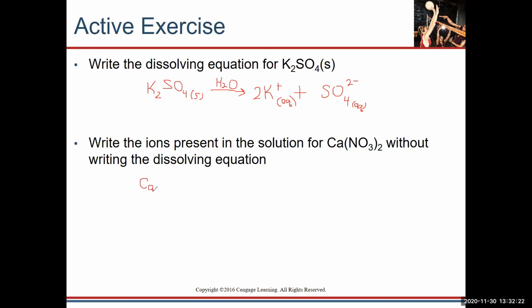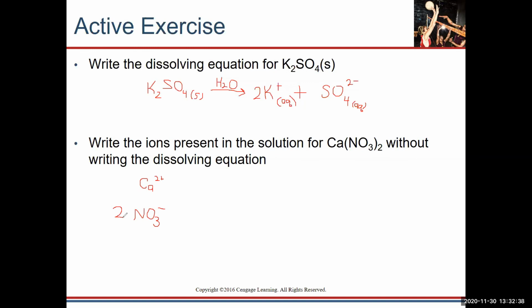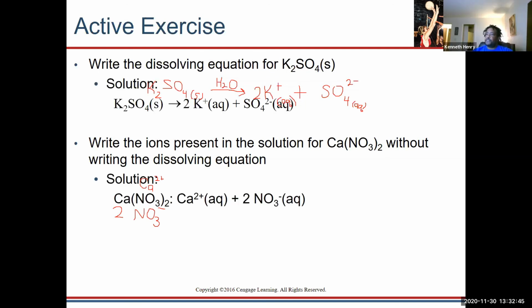Ca has a 2+ charge, and NO3 has a -1 charge, so that's why you need 2 to balance. So there would be 2 NO3 just kicking it. Right. Okay. Good. Simple, right? Mm-hmm. Clear.